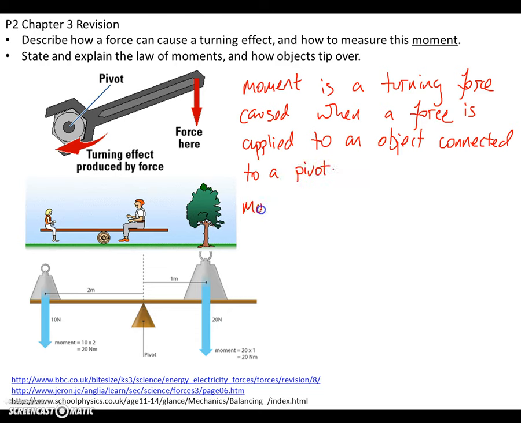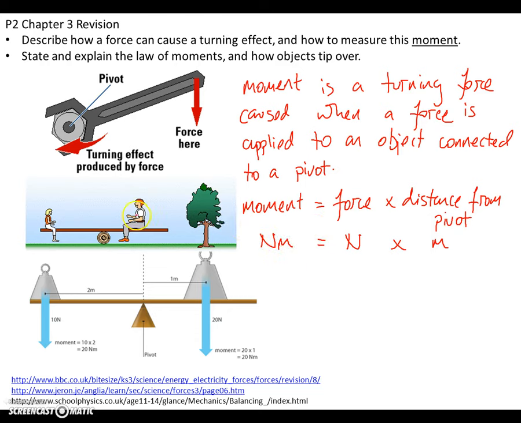We measure it simply as the moment equals the force times the distance from the pivot. It's easy to understand on an idea like this. Let's just see the units. The units of force are newtons, units of distance are meters, so the units of the moment are newton meters.